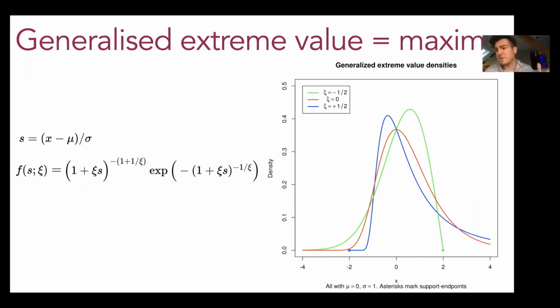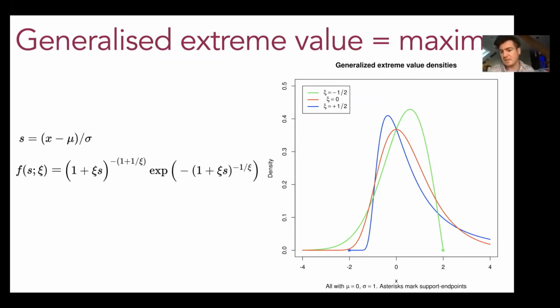So in the same way that there's a distribution that characterizes their sum or their average, which is the normal distribution, there's a distribution that characterizes the maximum, which is called the generalized extreme value distribution. And that distribution has basically one parameter which controls its shape. That parameter is called Xi here.